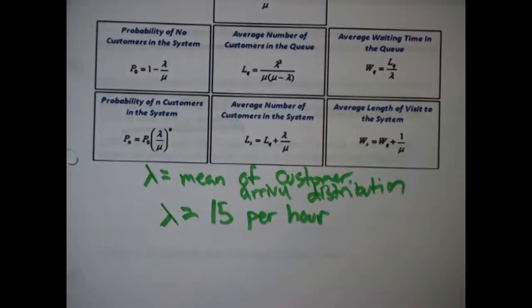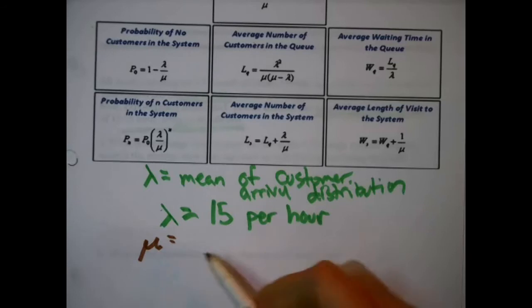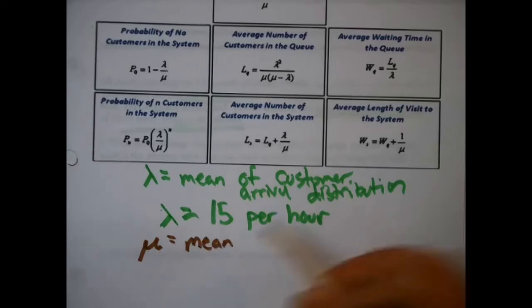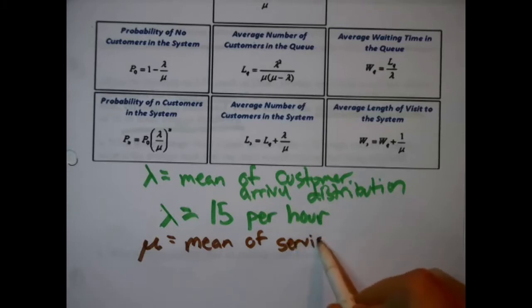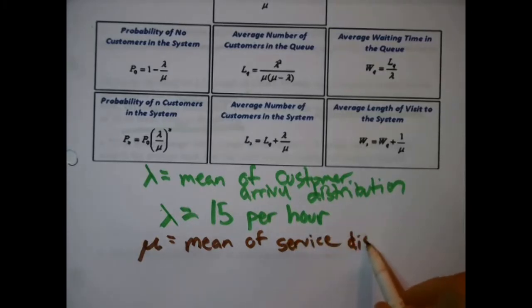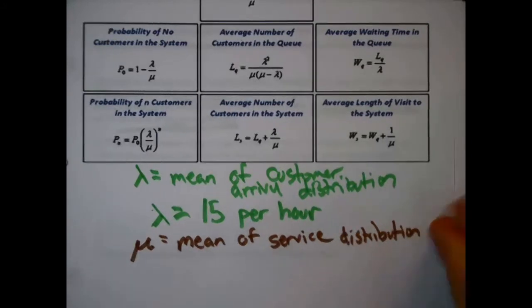Now, in order to manipulate these formulas, because we'll be doing that very shortly, we also need this factor mu. It's the companion of lambda. It's the mean of the service distribution. That's what I'm jotting down here.